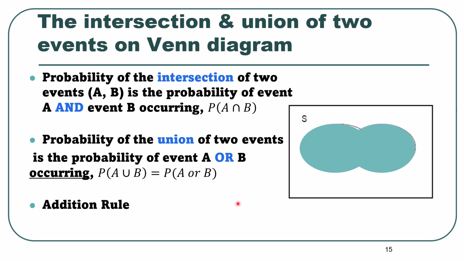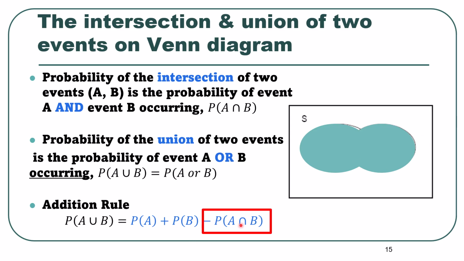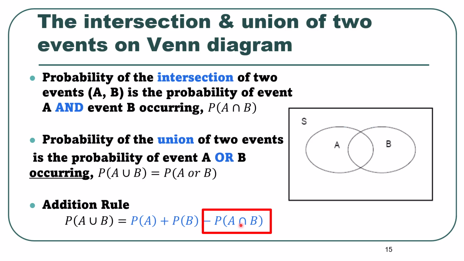Now, the addition rule is how the probability of the union is calculated in probability, and it is calculated as the probability of A plus the probability of B minus the intersection. Why is that? Let's see where that idea came from.